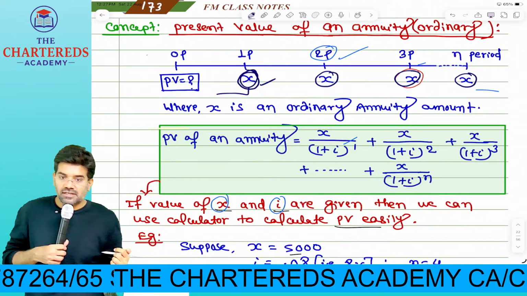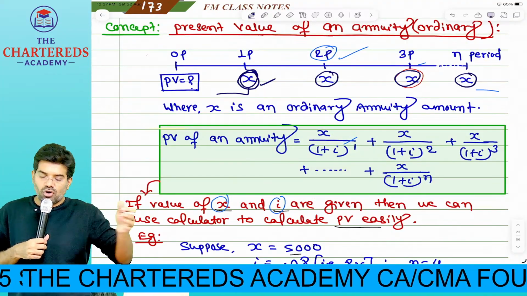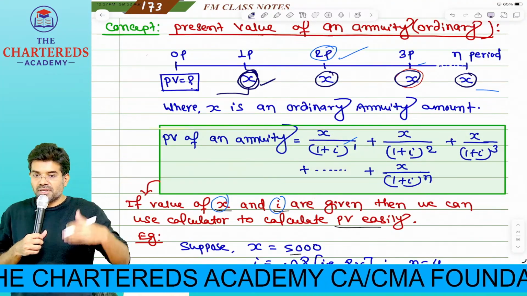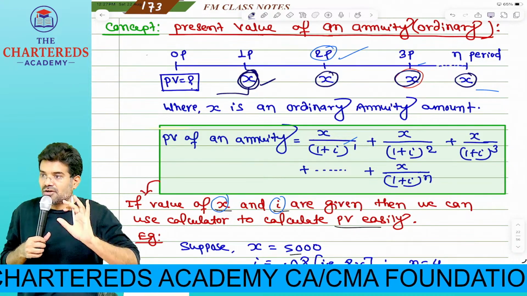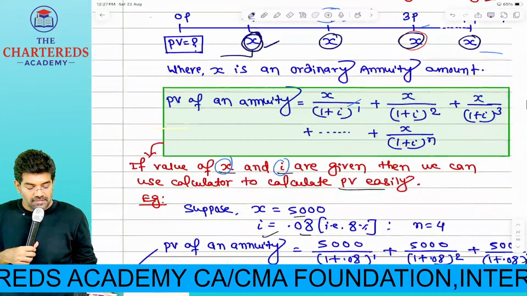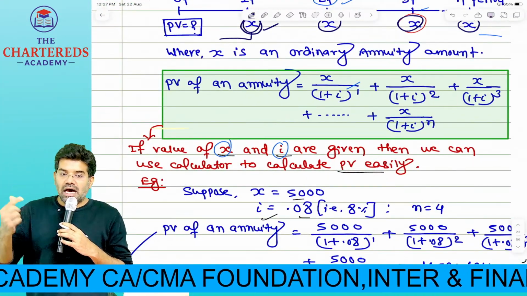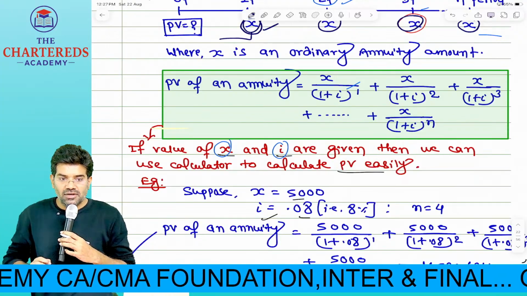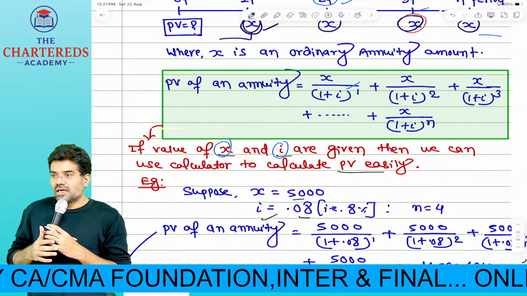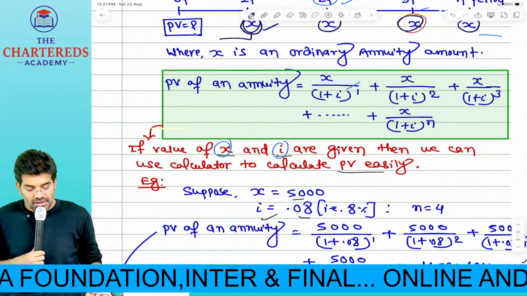Same for the third year: X divided by (1 plus i) whole power 3, and so on up to the nth period, whatever period is given. It is a limited period: X divided by (1 plus i) whole power n. Now, if they have given the i value and n value in the question, then we can get the present value of this ordinary annuity.